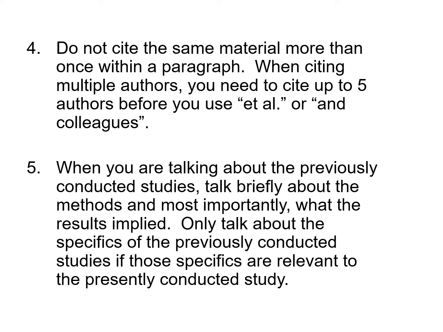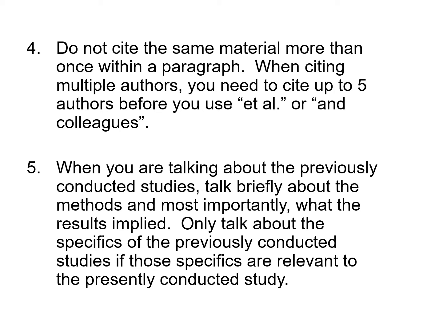Now, there is one exception. Let's say you have a long paragraph where you talk about study A in the first sentence, study B in the second sentence, and study A again in the third sentence. Because there was a study B in between, when you refer back to study A in the third sentence, you have to cite that study again.